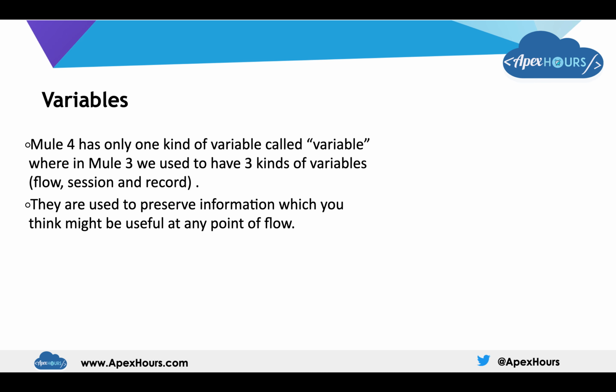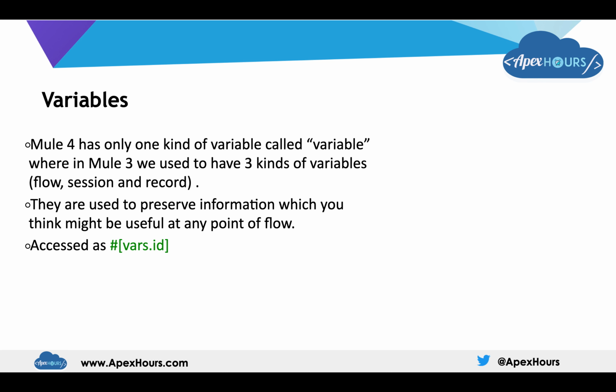And these are used to preserve the information which you think might be useful at any point of flow. So if you want to store some information, you can always make use of set variable component, and to access that particular value, this is the syntax. Again, hash and square brackets are common, guys. Whatever you're keeping inside, vars is the syntax. Dot id, like if you're storing it with the name of id, it will be vars.id.